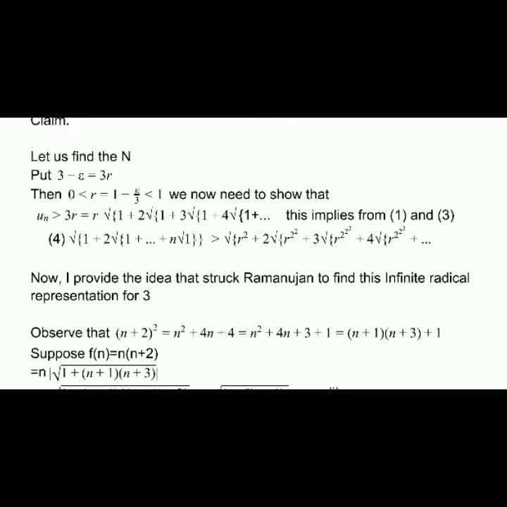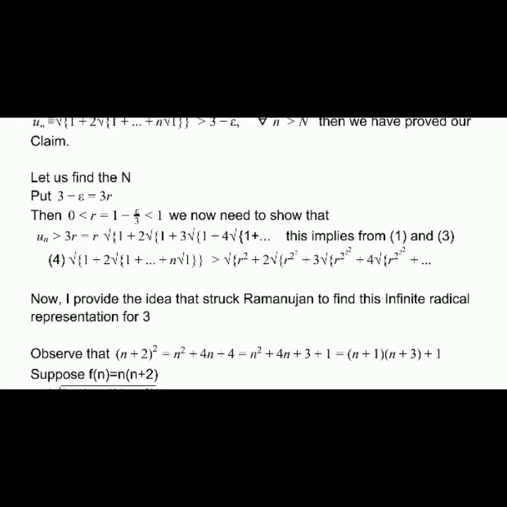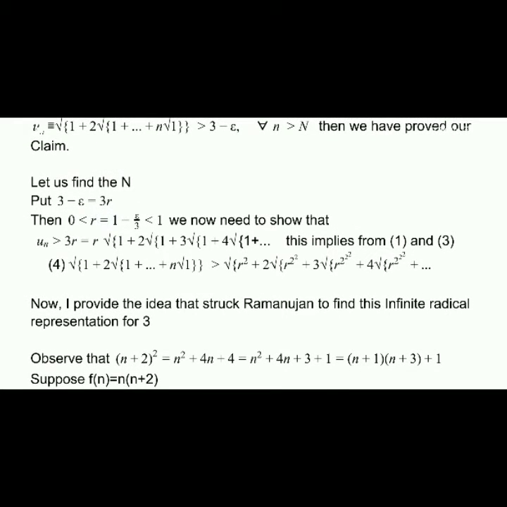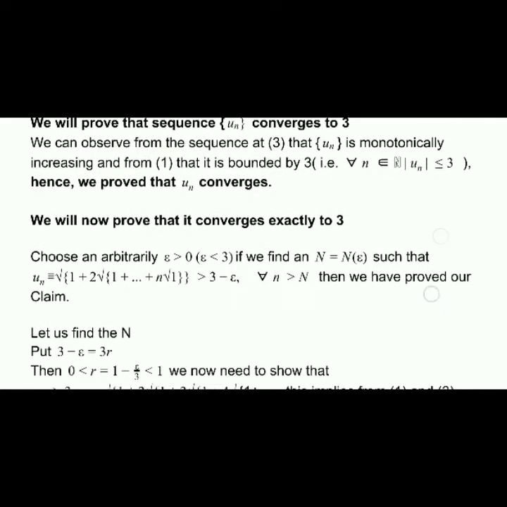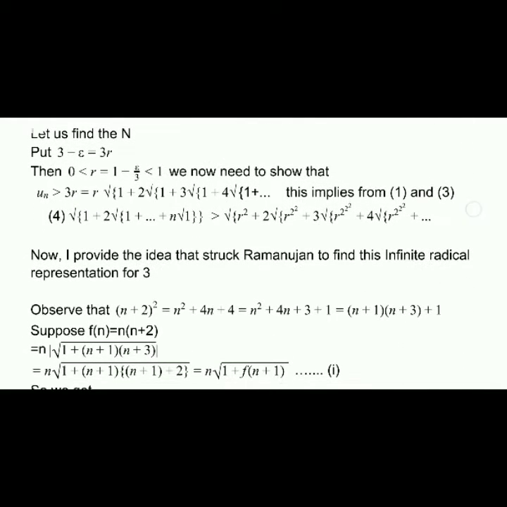And so we need to show that un is greater than 3r. Here I put 3 minus epsilon equals 3r, so un must be greater than 3r. And what is 3r?